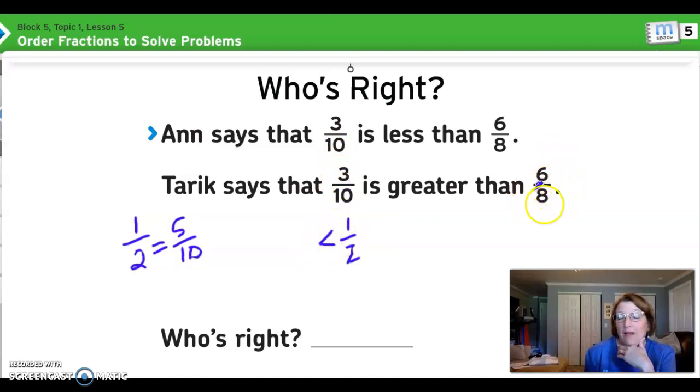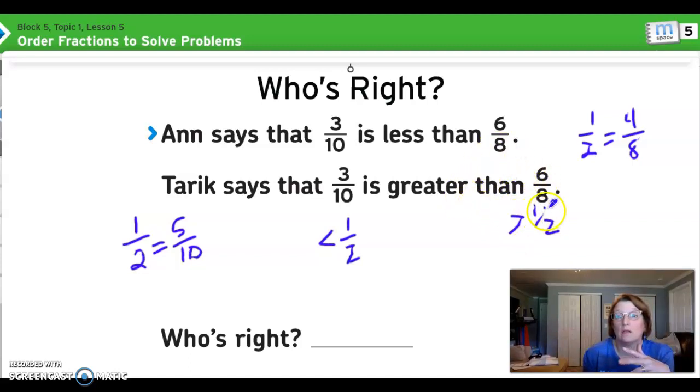If we think about dividing something into eighths, half would be 4/8. So 6/8 is greater than half. So if 6/8 is greater than half and 3/10 is less than half, then Anne has to be correct. She says that 3/10 is less than 6/8.